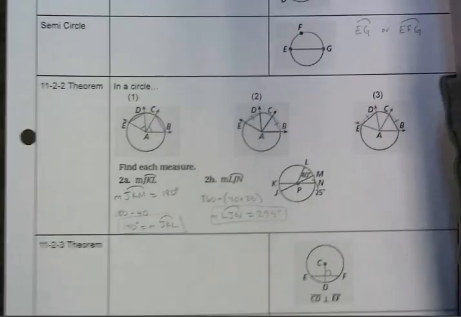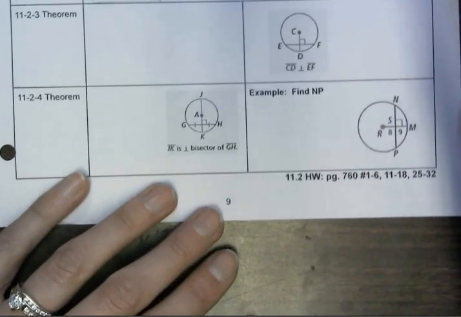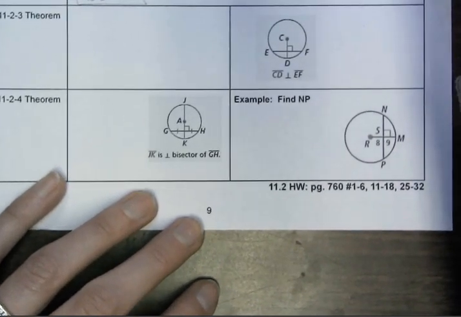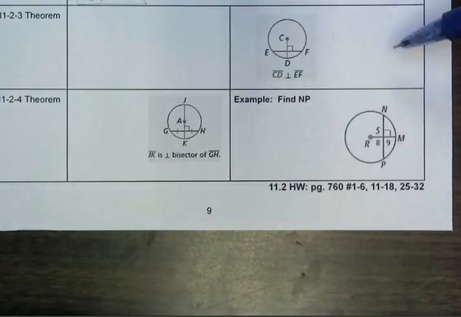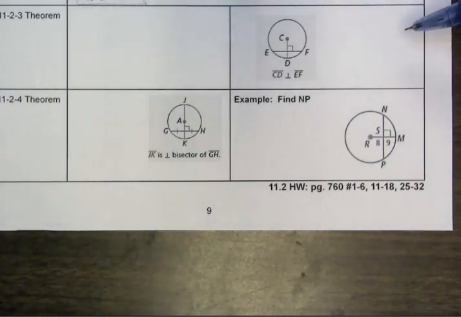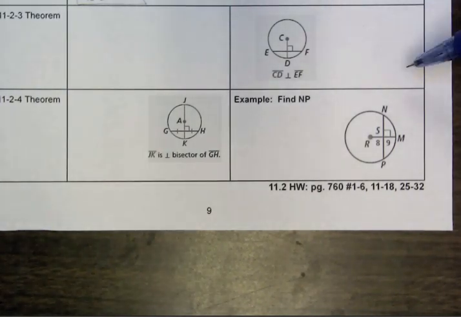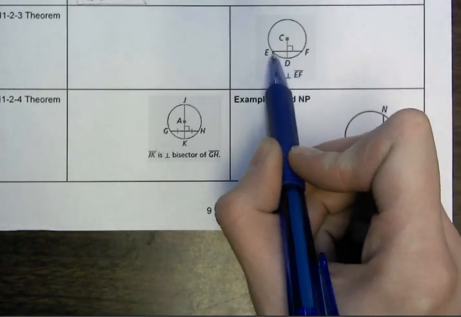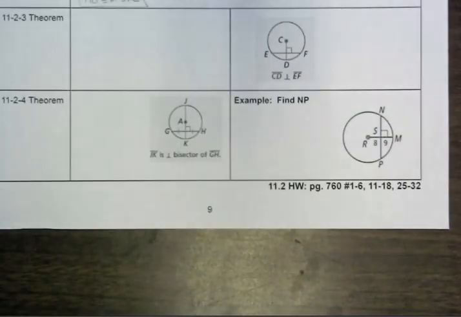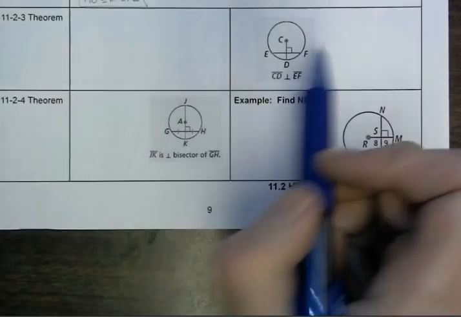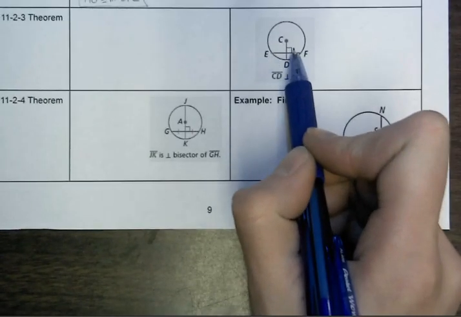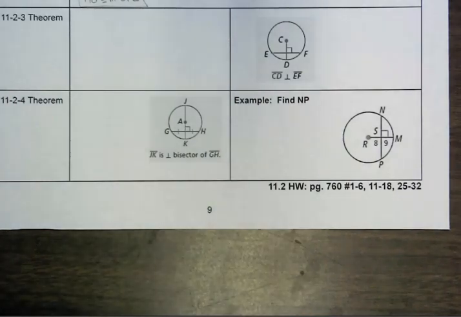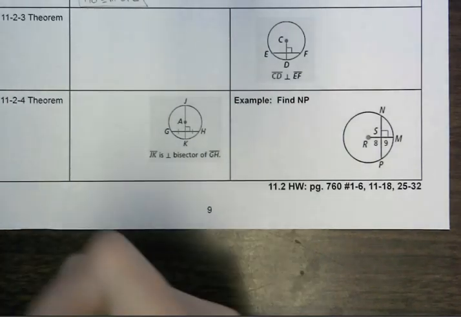Okay, next theorem, 11.2.3. Again, please write the formal theorem down in this box, and this is going to be an application of it. So what this one is saying is that if a radius is perpendicular to a chord, remember a chord is just a segment where I have two endpoints on a circle. If it is perpendicular to a chord, remember perpendicular means it's forming a 90-degree angle, then it bisects the chord and its intercepted arc.